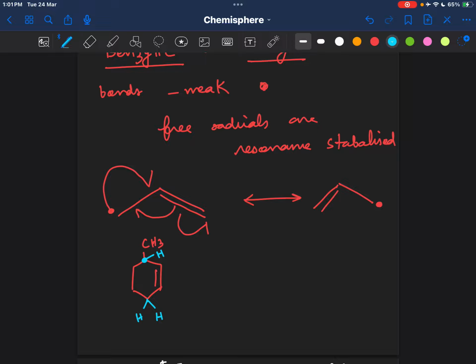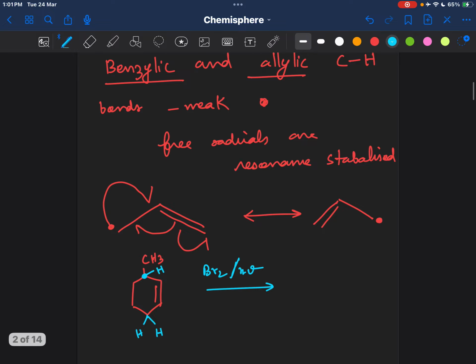So therefore, in the presence of Br2 H nu, as I told you, since the allylic free radicals formed are resonance stabilized, they are preferred over the tertiary C-H or secondary C-H or primary C-H. Okay, so therefore, two different kinds of allylic hydrogens are available, so two kinds of free radicals can be formed.